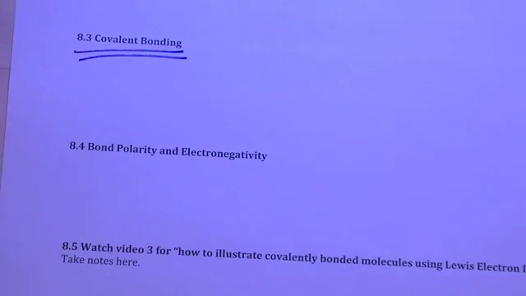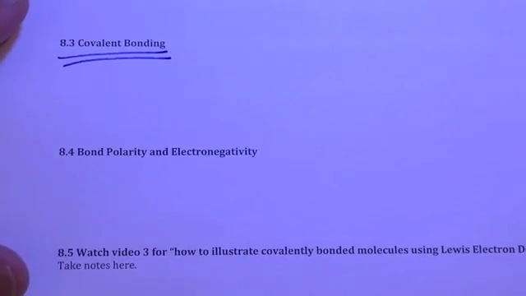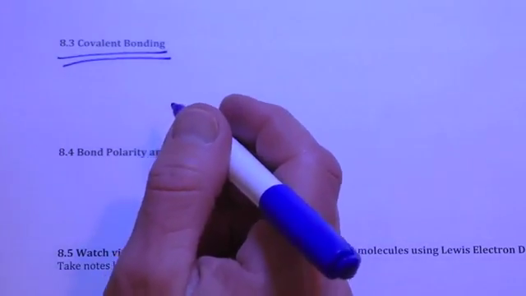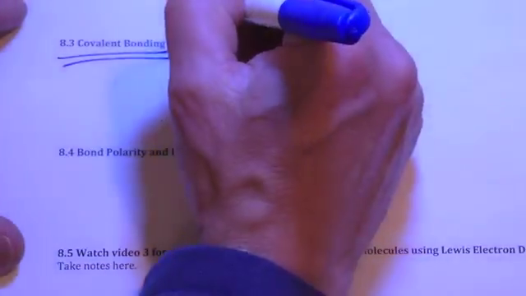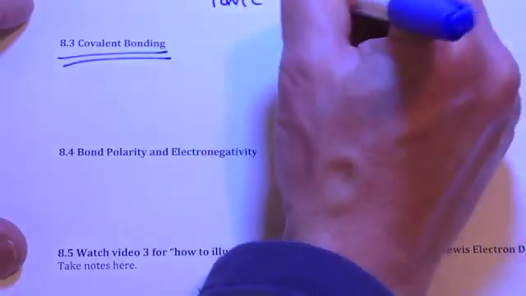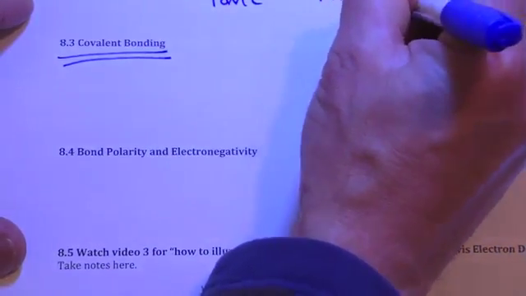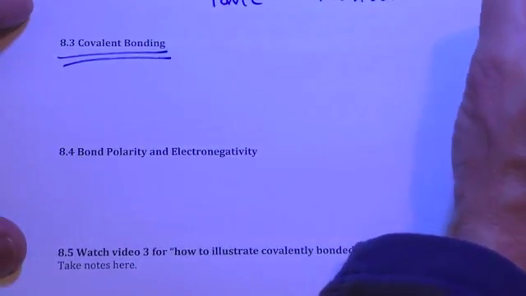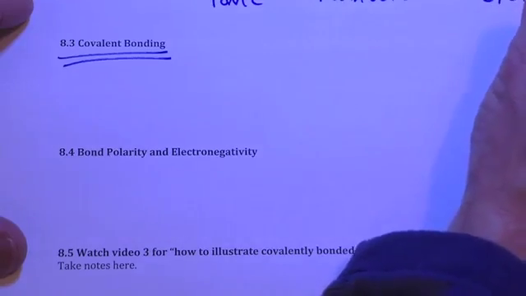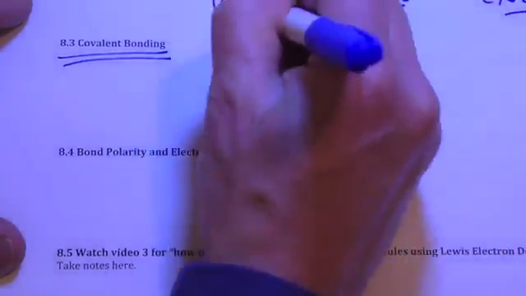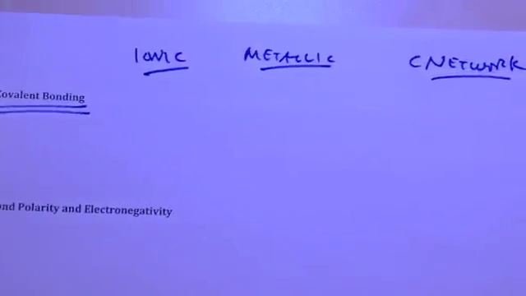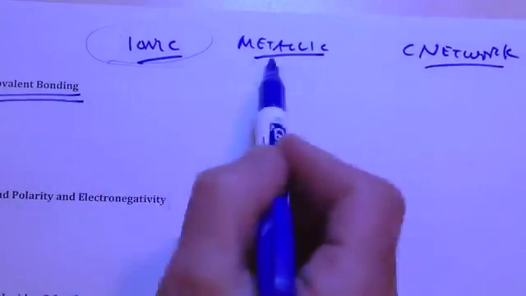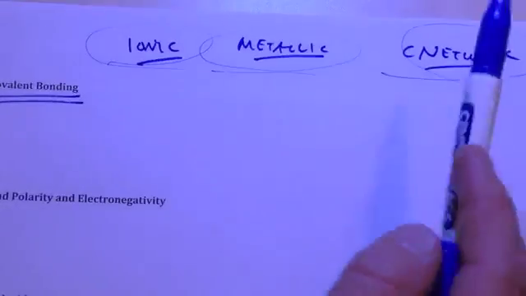We're going to spend a ton of time on covalent bonding in this chapter, and not to belittle the other ones, but ionic bonding, metallic bonding, and covalent network bonding are going to get a little bit ignored for the next couple of video casts. Not that they're not important, we're still going to need to know what they are, and we're going to need to differentiate in a compound what the difference is between these three things.